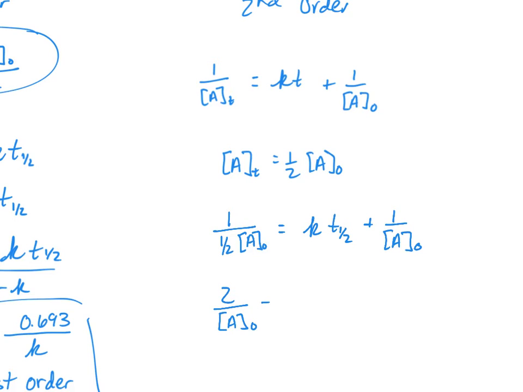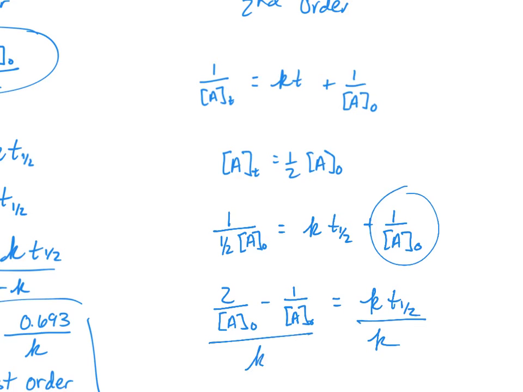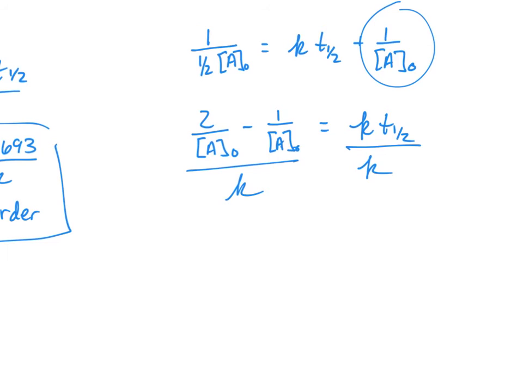We're going to subtract this fraction, that's minus 1 over A at time 0, and that's equal to K times T 1/2. So if we divide both sides by K, we're going to have 1 over A at time 0 divided by K is equal to the half-life.